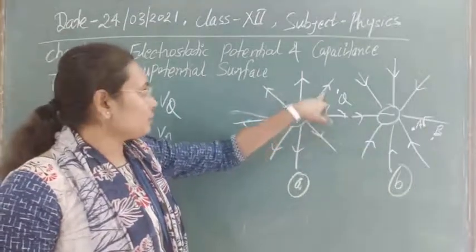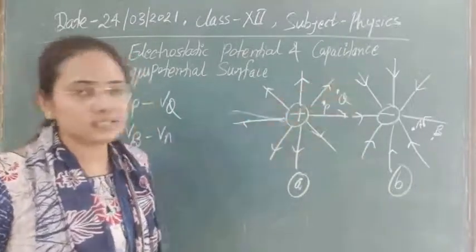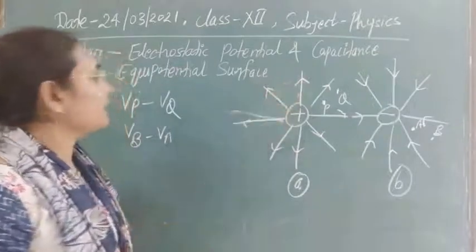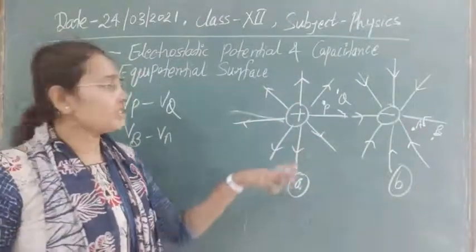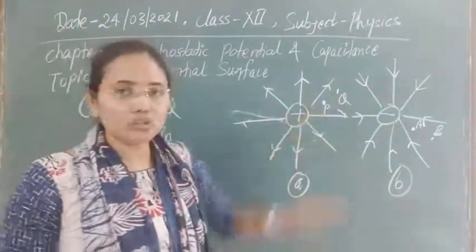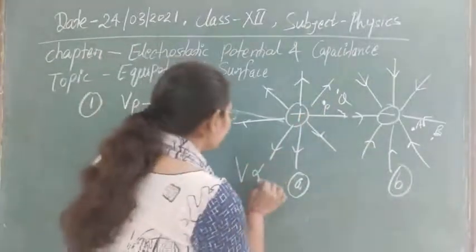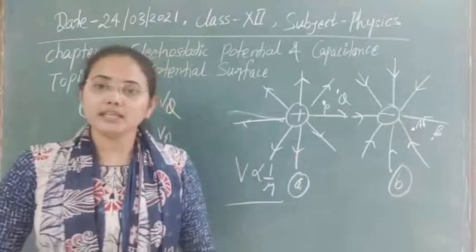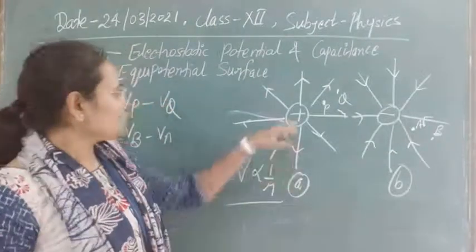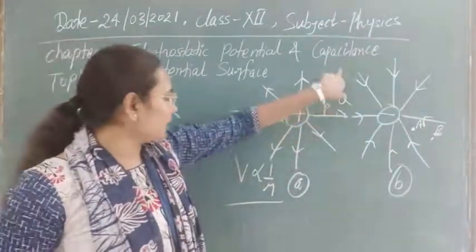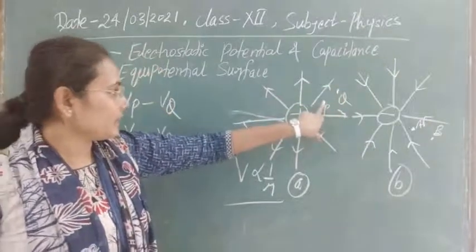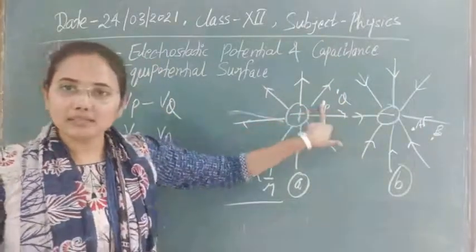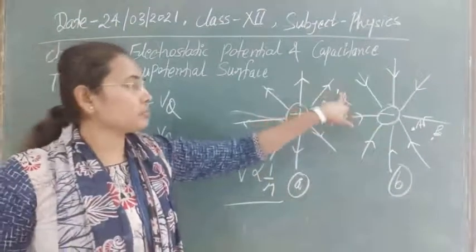Since these field lines are directed outward, and V is inversely proportional to r, greater distance means less potential. So going outward, at point P the potential will be greater in comparison to point Q.